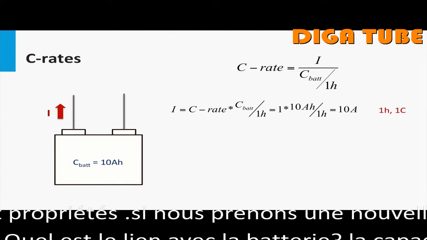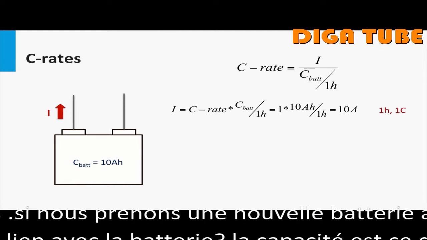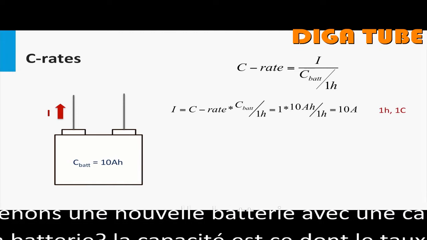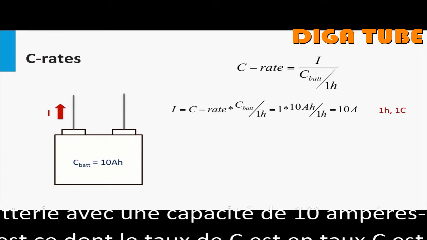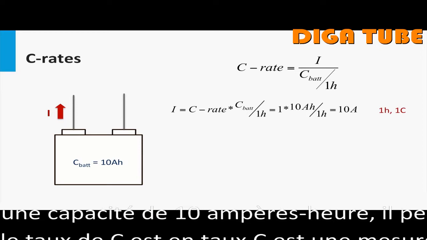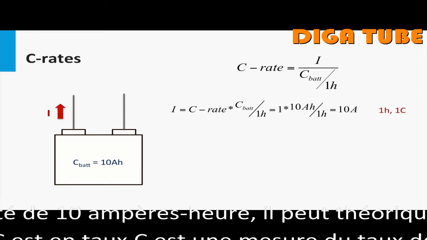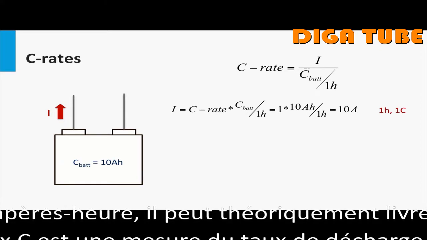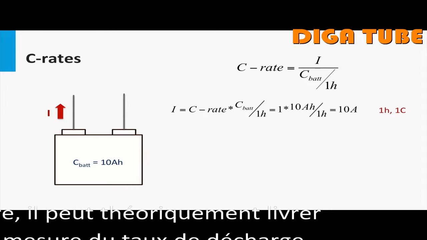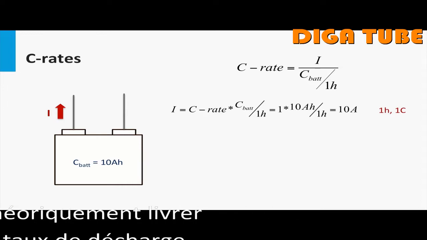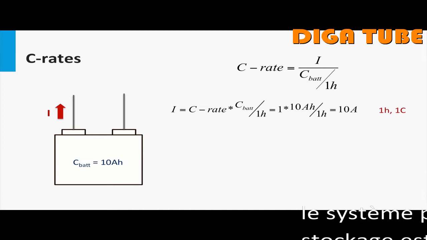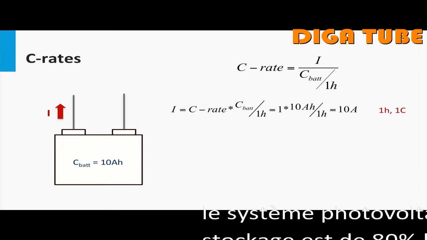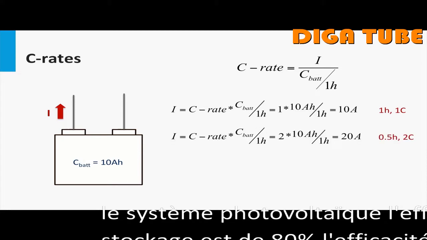C rate is a measure of the rate of discharge of the battery relative to its capacity. The C rate number is nothing but the multiple of the current over the discharge current that the battery can sustain over 1 hour. For example, a C rate of 1C for a 10 amp hour capacity battery would correspond to a discharge current of 10 amperes over 1 hour.